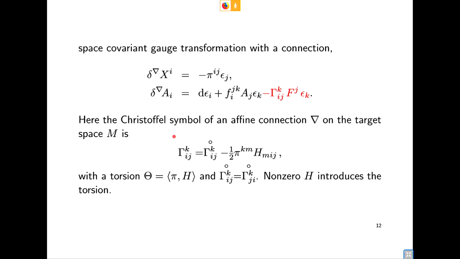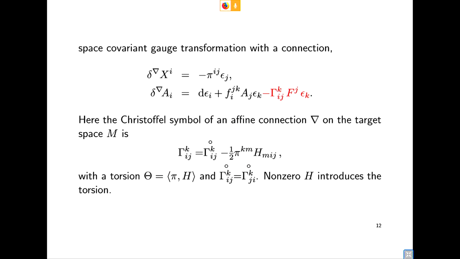In the third term, gamma is a Christoffel symbol of the affine connection on the target space. But the important thing is the affine connection has torsion. The gamma circle is a symmetric part of the affine connection, but we have an anti-symmetric part. This is the torsion term.